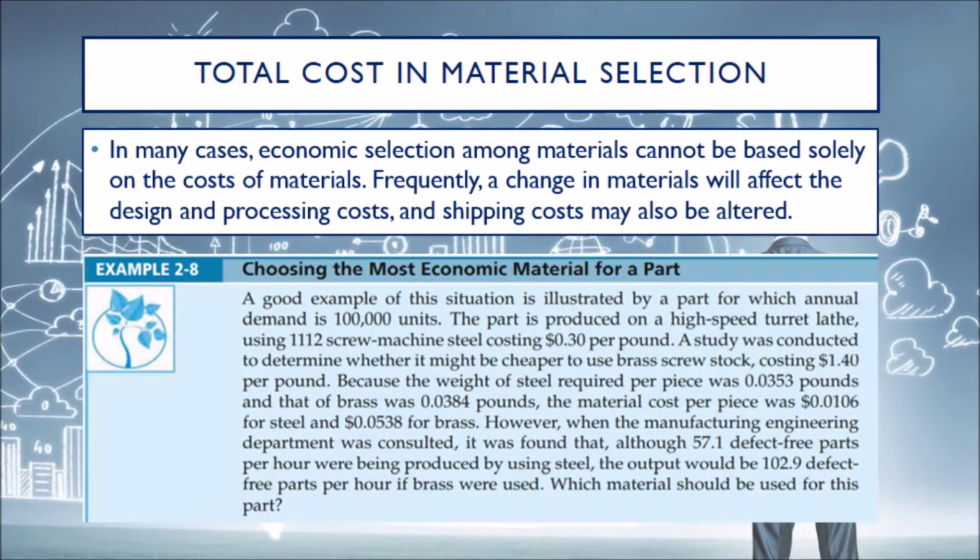A good example of this situation is illustrated by a part of which annual demand is 100,000 units. The part is produced on a high-speed turret lathe using 1112 screw machine steel costing 30 cents per pound.